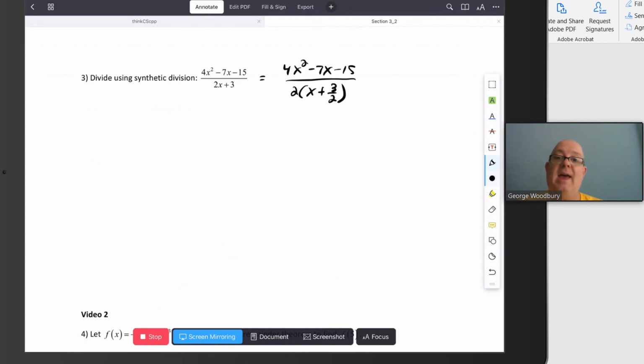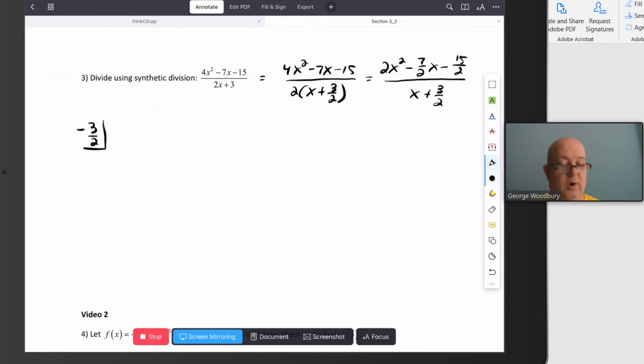Fractions. Oh well. And then we can divide the 2 into each of the coefficients in the numerator. So this becomes 2x squared minus 7 halves x minus 15 halves all over x plus 3 halves. Now this is in a form that we can do synthetic division.